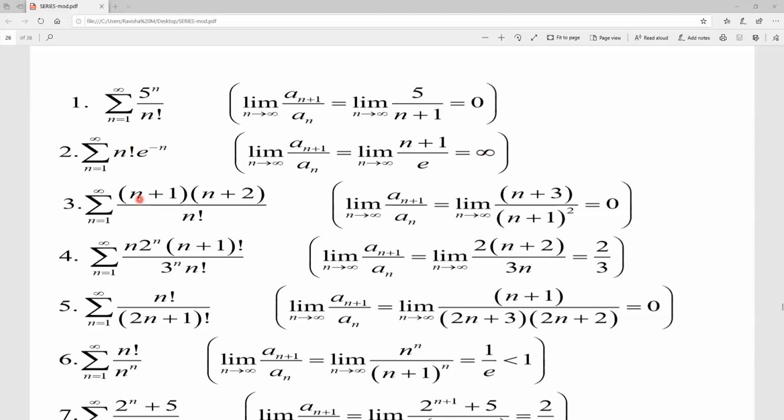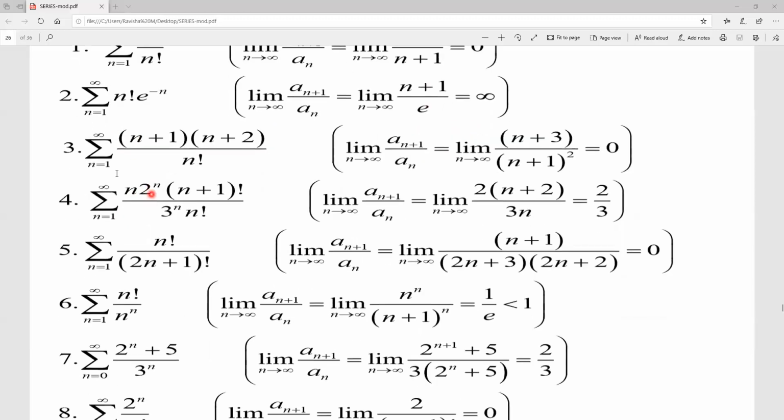Let us move to the third example. Summation of n equals 1 to infinity (n plus 1) into (n plus 2) by n factorial. Again, this series has the factorial, so the ratio test is suitable. We have taken the ratio of the nth term and the n plus 1 term. After simplifying, we have (n plus 3) by (n plus 1) whole square.